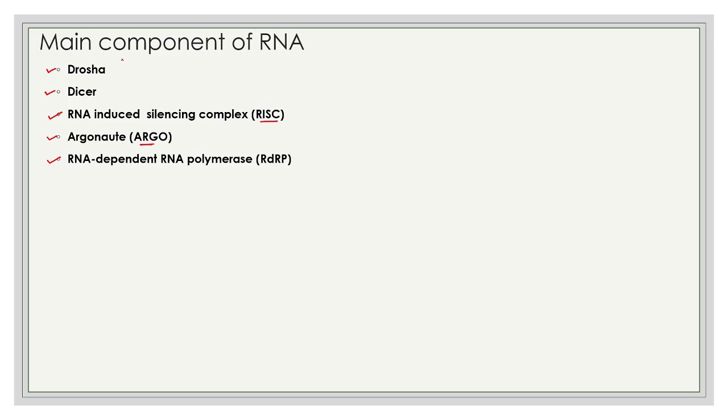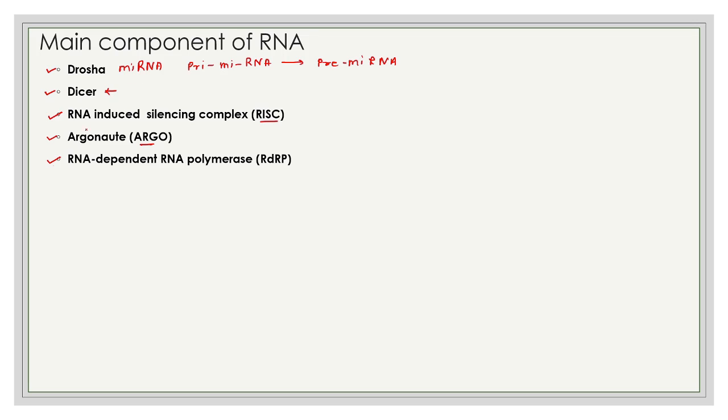So what does drosha actually do inside a cell? It works in the miRNA technology, that is the microRNA technology. Drosha processes the pri-miRNA to pre-miRNA. Second one is dicer. It is an RNase III like double-stranded RNA specific nuclease, or we can say an ATP dependent nuclease, found in C. elegans, which cleaves double-stranded RNA. Okay.